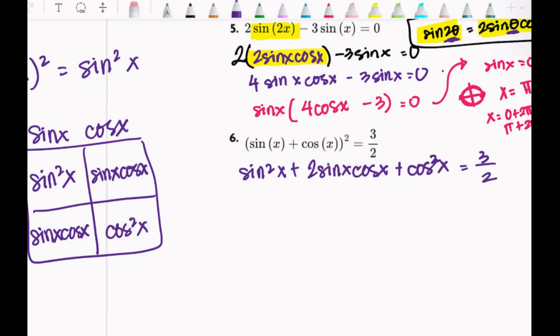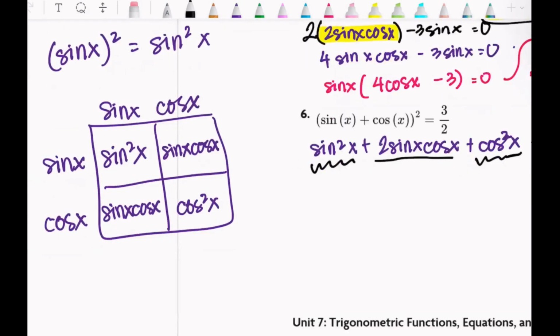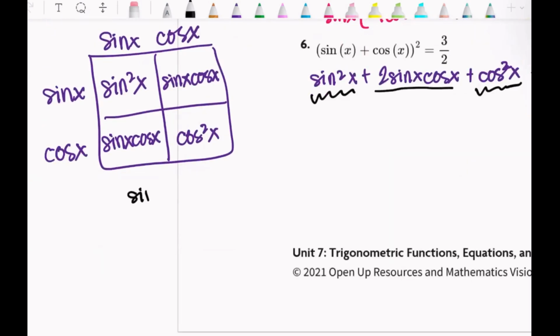Some of you are noticing the double angle identity here, and some of you are noticing your Pythagorean identity here. So very good. I'm going to write both of those identities over here just so you know what I'm using. So don't forget that sine squared x plus cosine squared x equals 1. And the double angle formula is sine 2 theta equals 2 sine theta cosine theta.